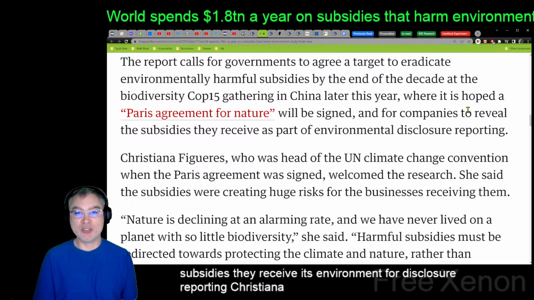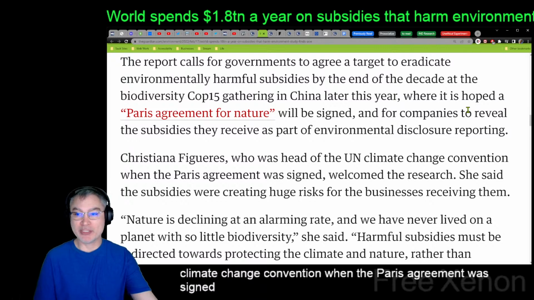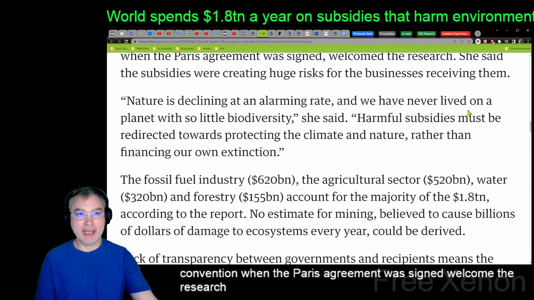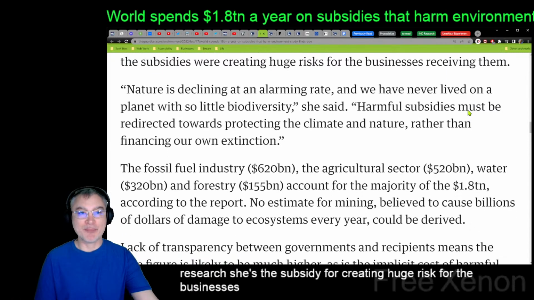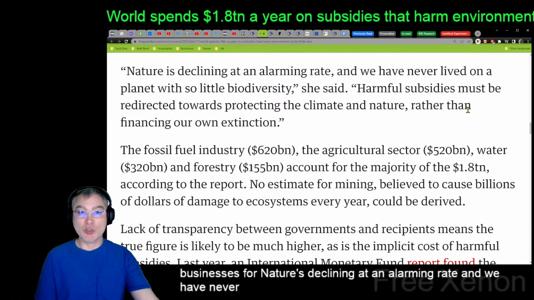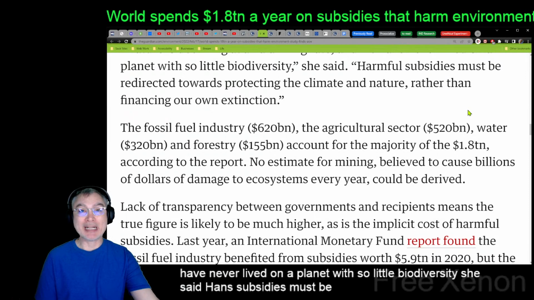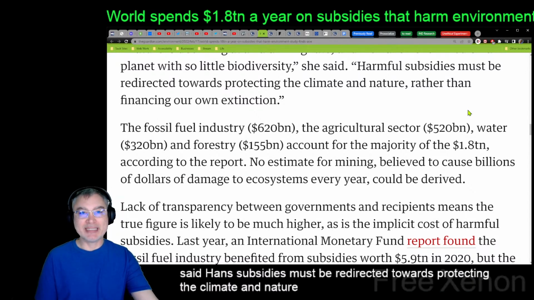Christiana Figueres, who was the head of the UN Climate Change Convention when the Paris Agreement was signed, welcomed the research. She said these subsidies were creating huge risks for the businesses receiving them. "Nature is declining at an alarming rate, and we have never lived on a planet with so little biodiversity," she said. "Harmful subsidies must be redirected towards protecting the climate and nature rather than financing our own extinction."